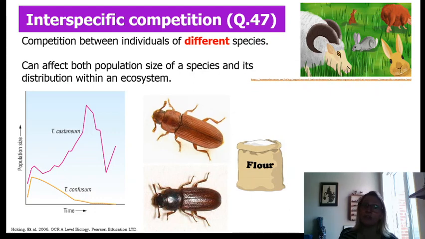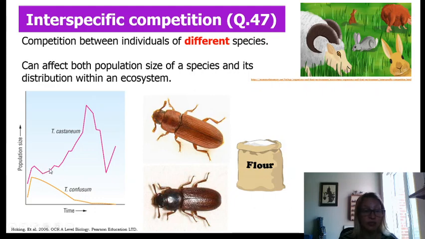So what happens is you get this competitive exclusion, and one of those species is going to go into decline and eventually be completely outcompeted and go from that particular habitat. And you can see in this example here that that's exactly what's happened to the T. confusum. The T. castaneum wants to compete, and so it goes through this boom and bust.